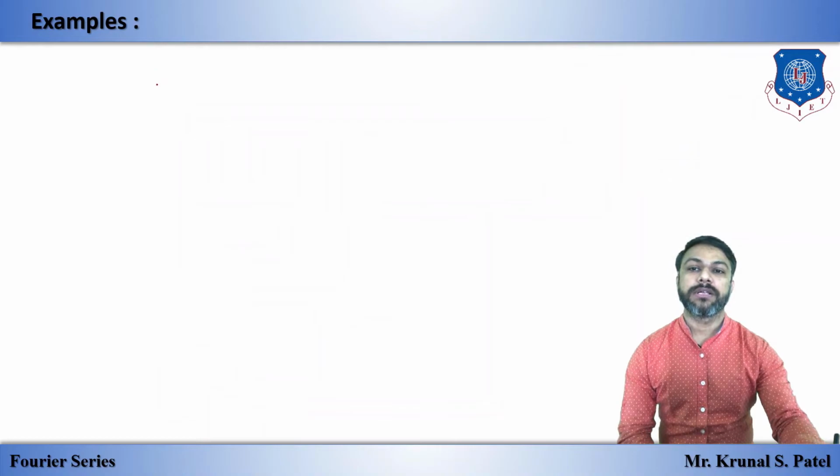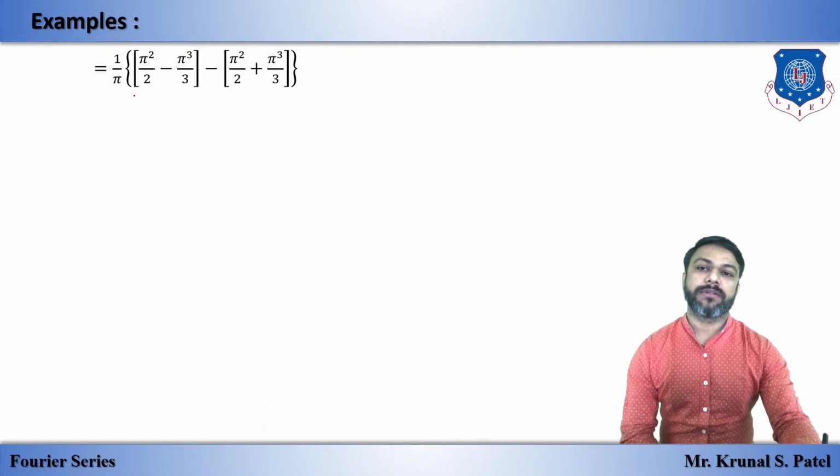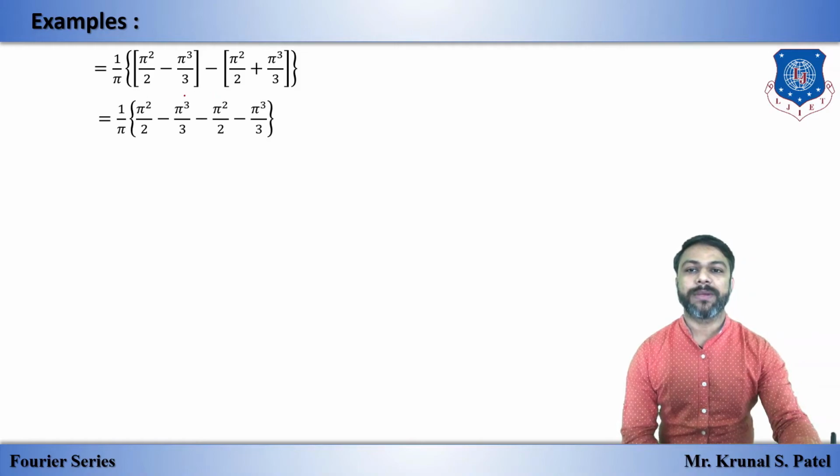So we have this step, 1 by pi. I am writing down that step again. After opening this bracket, first term as it is, second term as it is. If we open this square bracket, the minus multiplies with these two terms, so the first term is also minus and the second term, minus plus, is also minus. Now which terms cancel out?